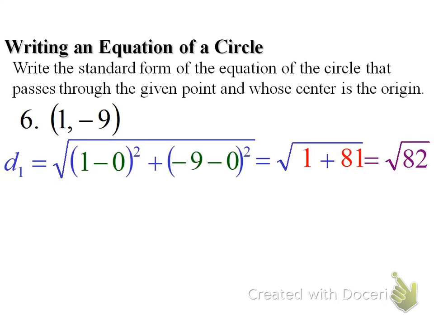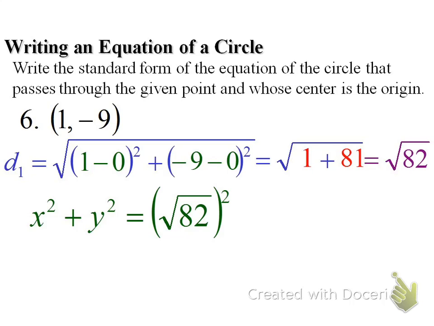Now you're just going to plug it into that standard form equation. So x squared plus y squared equals square root of 82 squared. What happens with the squared and the square root? Yeah, so we just get x squared plus y squared equals 82.